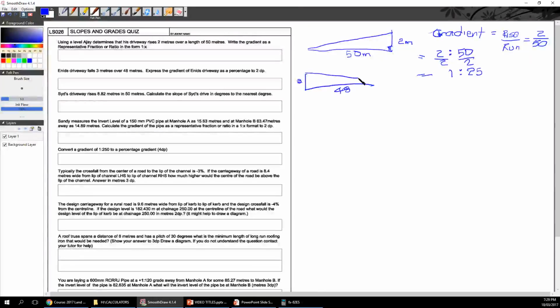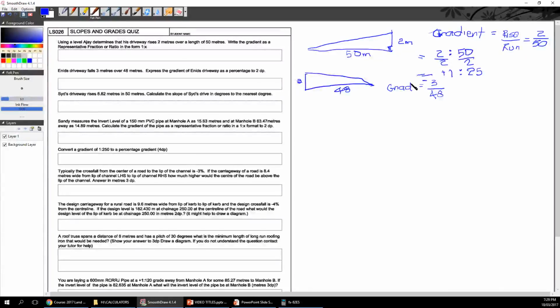So the gradient equals rise, which is 3. This one would be plus because it's going uphill. This one would be minus because it's going downhill. So -3/48.